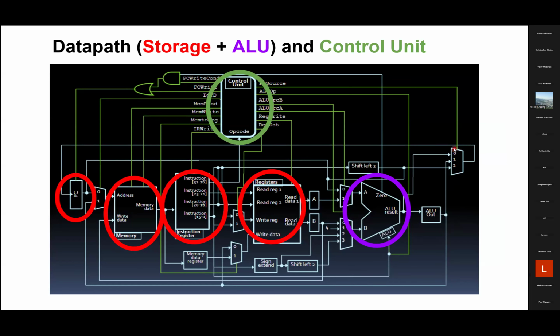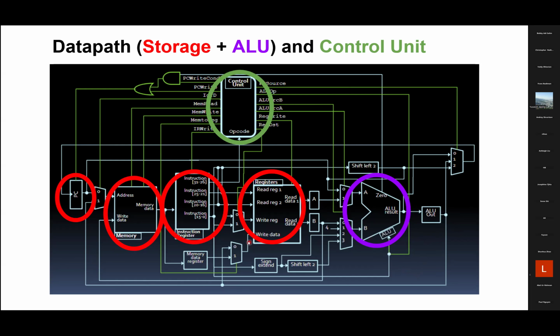So next we'll see the data path and control unit. Data path consists of the storage and the ALU parts. Storage is circled in red, while the ALU is circled in purple. The control unit gives off the signals to control all these parts to do basically what we want, right?